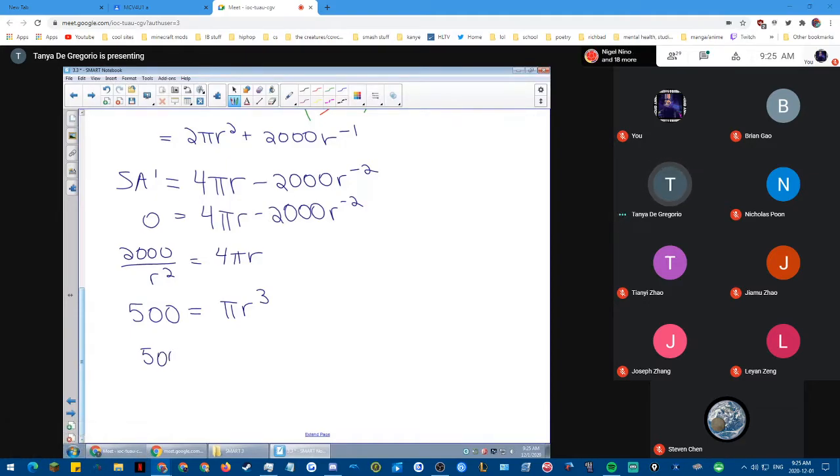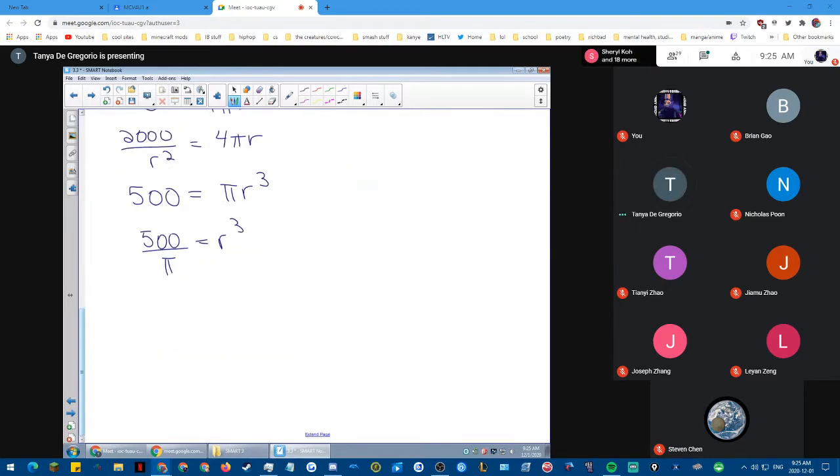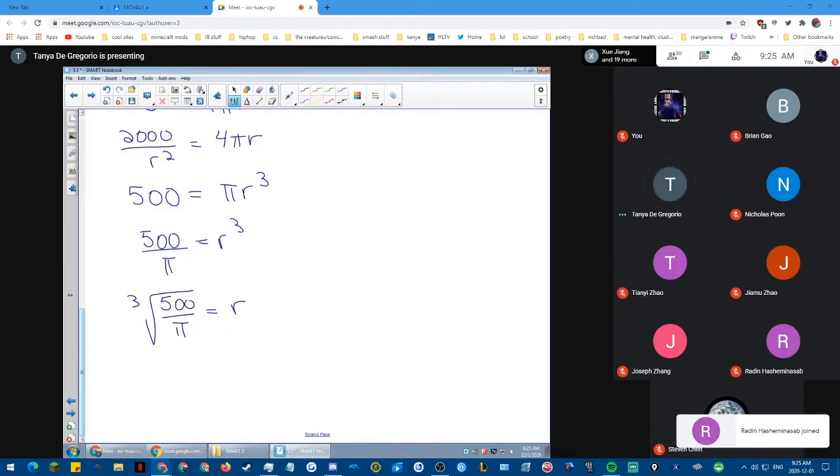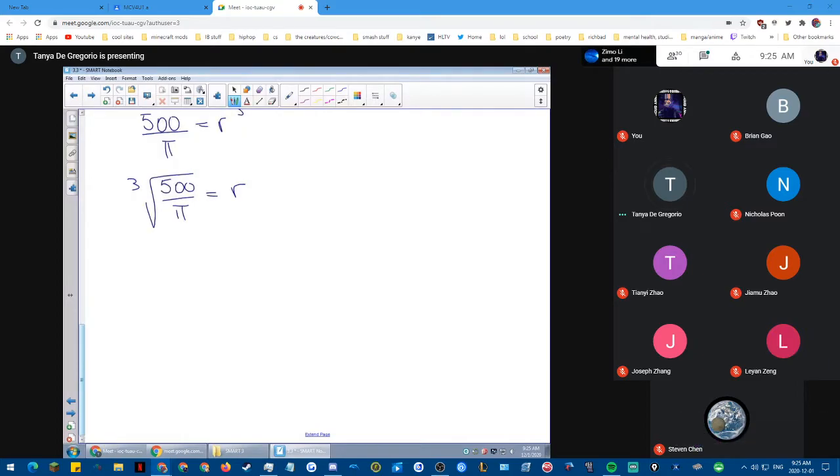And then you're dividing by your pi and then you're taking your cube root. And of course, with the cube root, there is no need to take a plus or minus, right? You can have a negative in a cube root. Okay, and so r is approximately equal to 5.42.